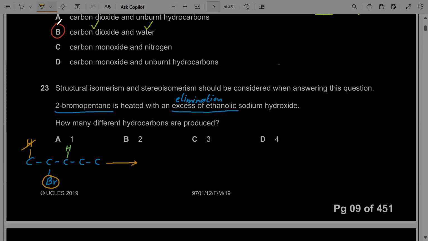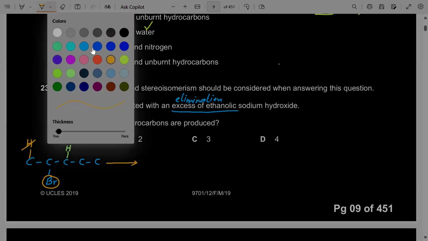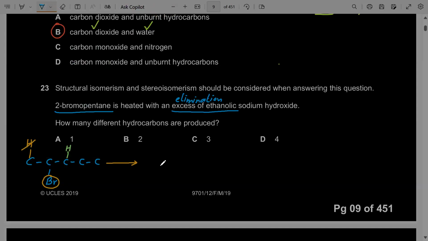When this is removed, you will get the new compound, carbon, carbon, carbon, 5 carbon atoms. Along with that, I need to indicate the double bond between these two carbon atoms because I'm removing the hydrogen of this carbon and bromine of this carbon. So double bond will be produced here. So this is a compound formed here.